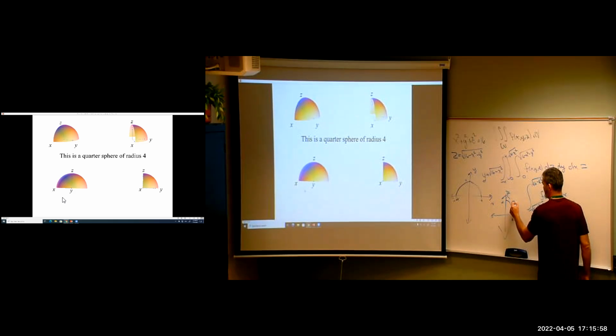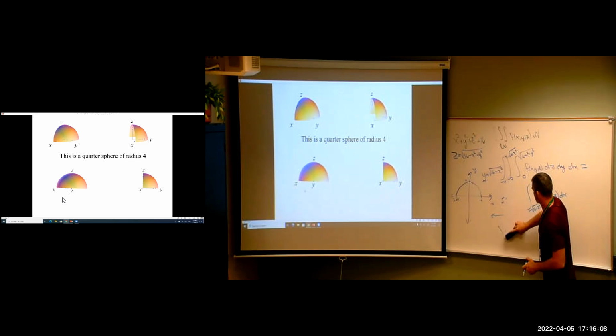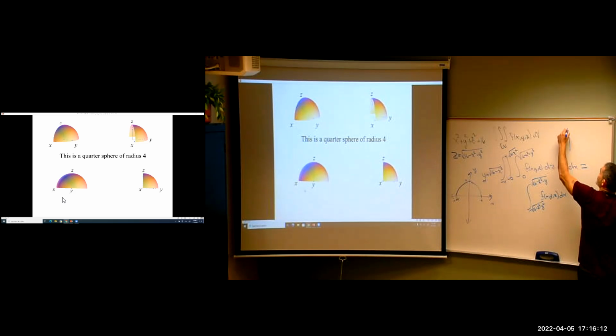So the equation on that is Z equals the square root of 16 minus Y squared. I just realized I wrote right into our problem, so let's move this. All we've got is that quarter circle in the ZY plane, so Z equals the square root of 16 minus Y squared.